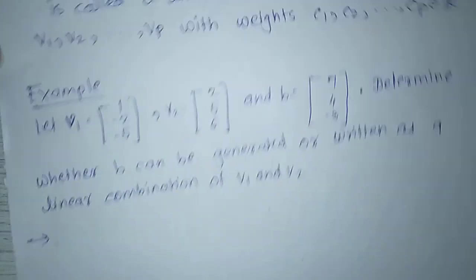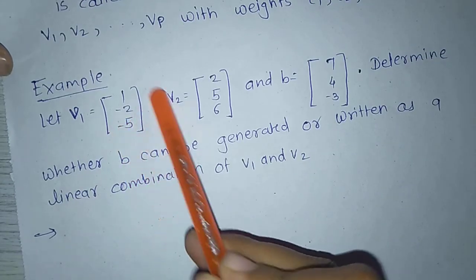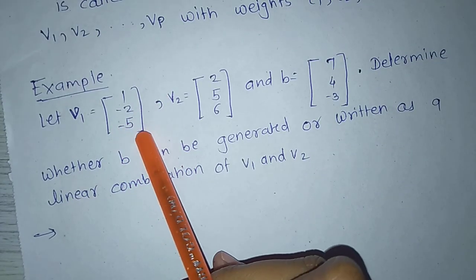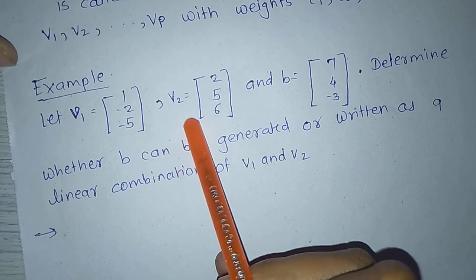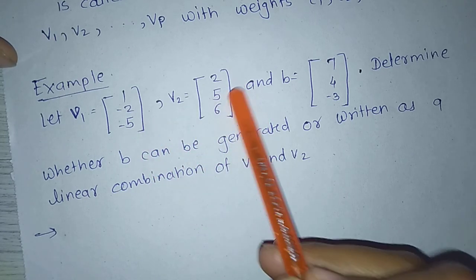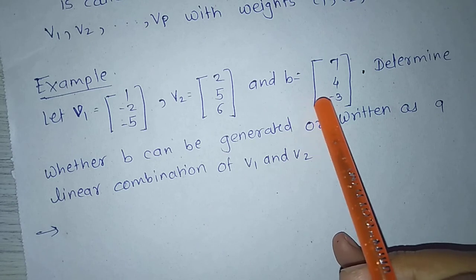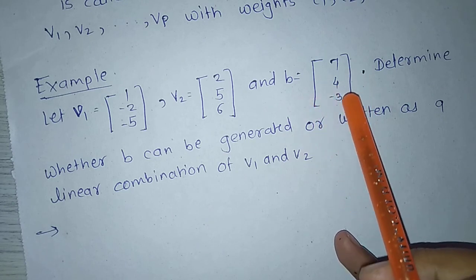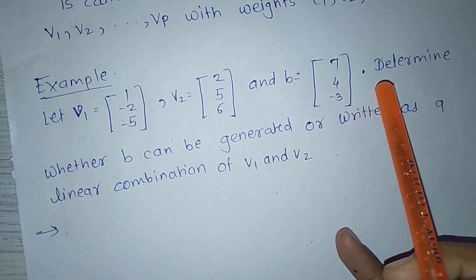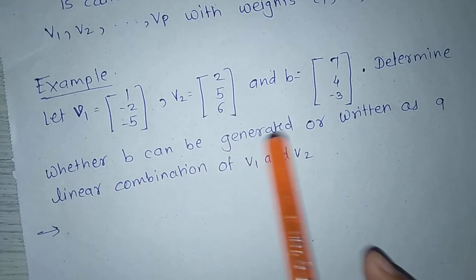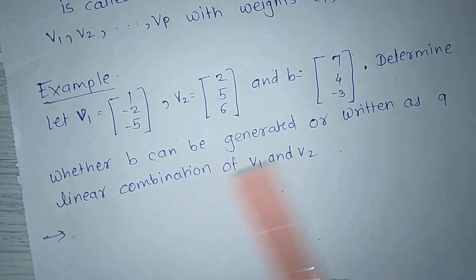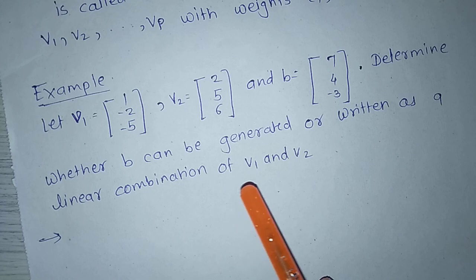Next example, let v1 equal to 1, minus 2, minus 5, v2 equal to 2, 5, 6 and b equal to 7, 4, minus 3. Determine whether b can be generated or written as a linear combination of v1 and v2.